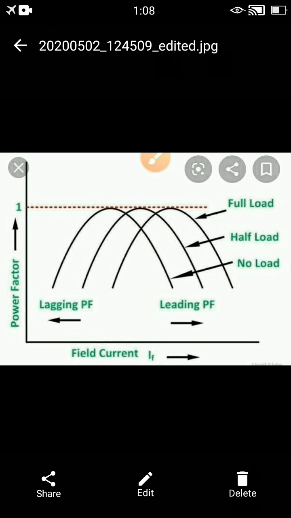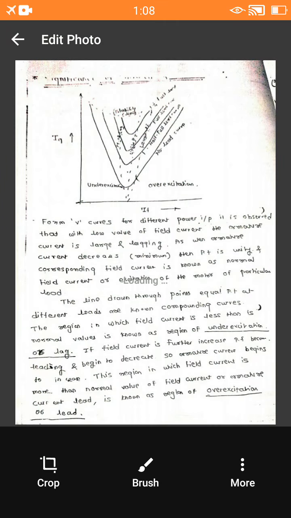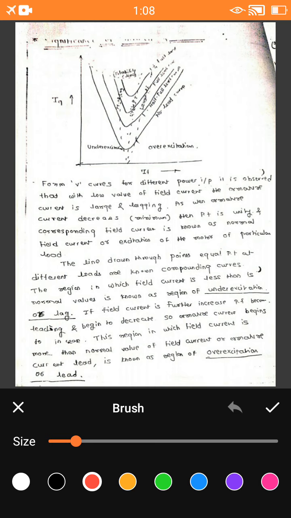So this is the significance of the V and inverted V curves, because from the V and inverted V curves we get the stability region of a synchronous motor. This shows how the synchronous motor is used for power factor improvement, because if you want to get a better power factor, the motor should be in an under or over excitation state.